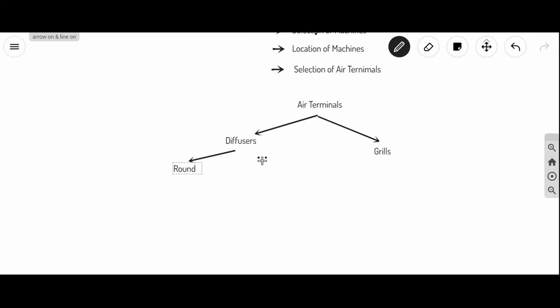Round and square. This is round. So this is how a square diffuser looks.